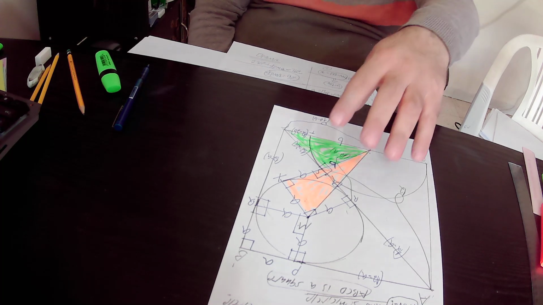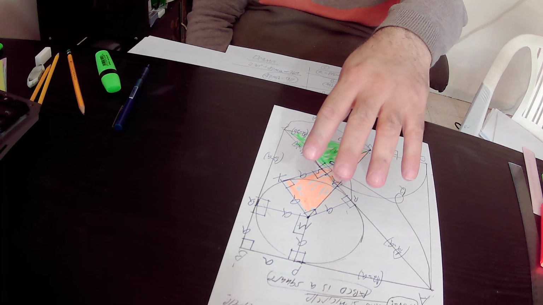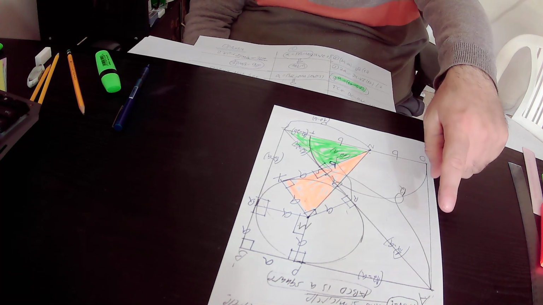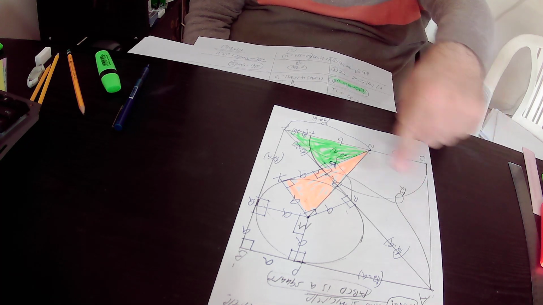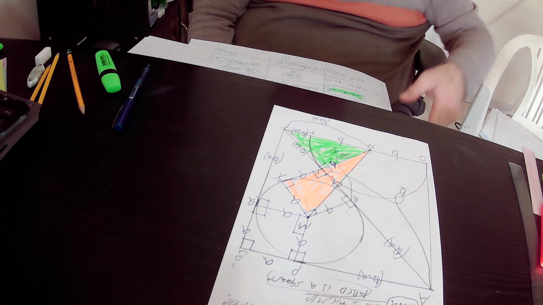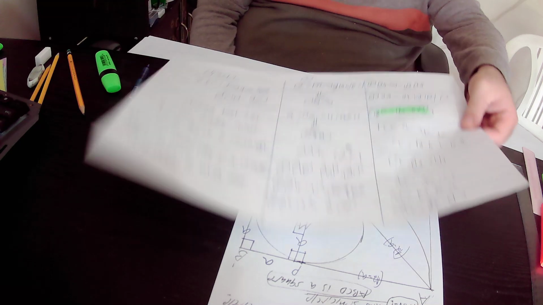Then we implemented the Pythagoras theorem on the right triangle, triangle ABC. According to the Pythagoras theorem, the square of the hypotenuse equals the sum of the squares of the perpendiculars, that is to say AC square must be equal to AB square plus BC square.